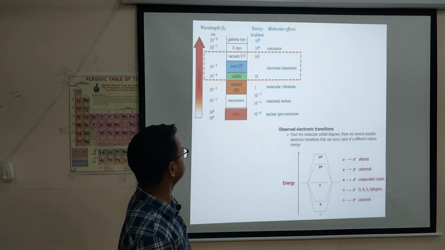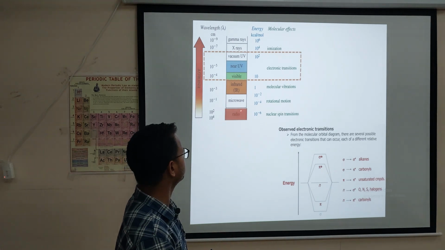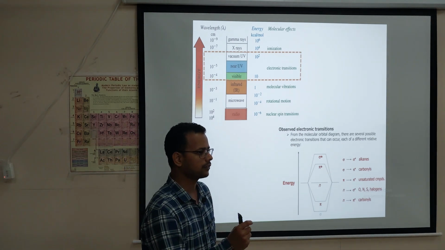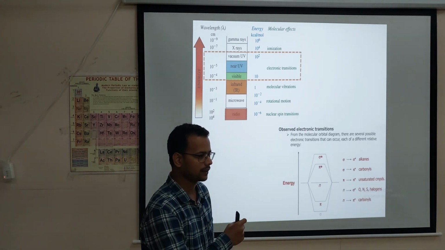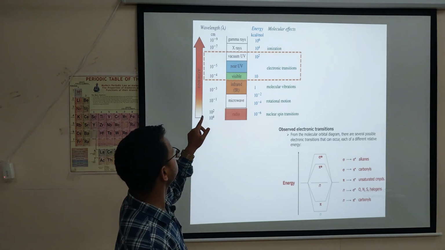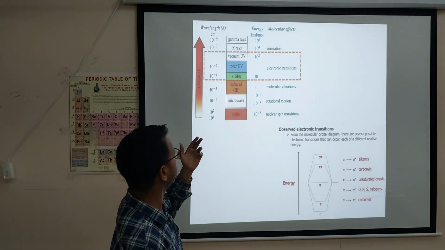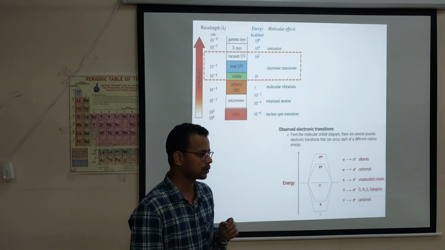This is the range, means different wavelengths of light, right. There are radio wave, microwave, infrared, visible, near UV, X-ray and gamma ray. Yes or no?